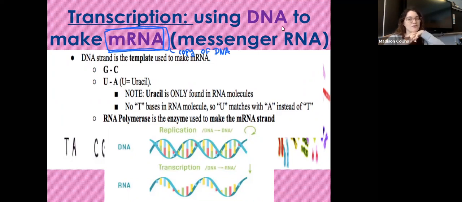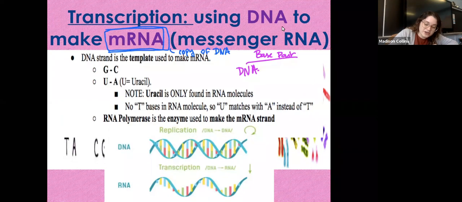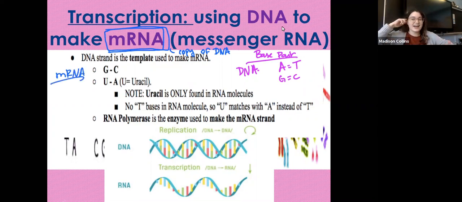But I've got one important thing to tell you guys. Remember we talked about our base pair rules of DNA, right? We said that with DNA, A always pairs with T and G always pairs with C. But I've got one tiny exception for you, and I'm sorry to tell you that our mRNA, as much as we love it, it doesn't actually have the base thymine.